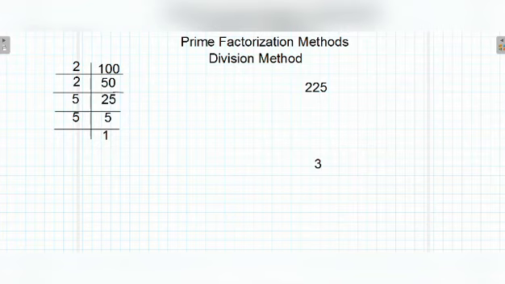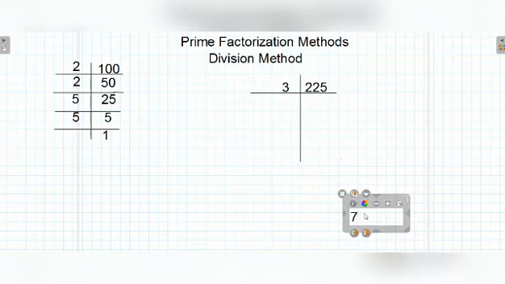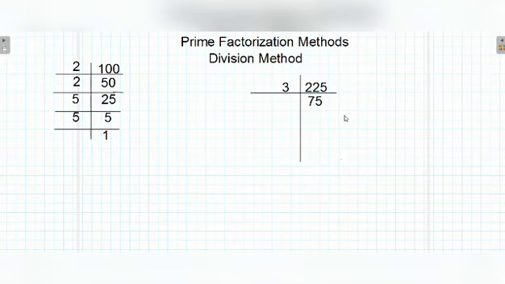Now we will make lines for the division. Take the number 3. Okay, now 225 over 3 gives you 75. The answer is 75. So 75, I will put here. 75 can be divided by 3 and by 5.